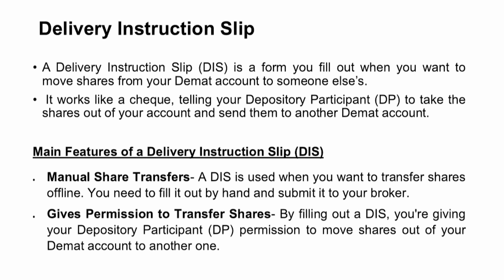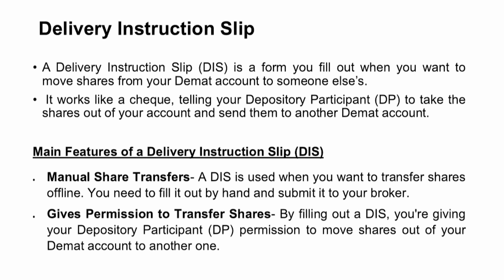Basically, a delivery instruction slip is a kind of form that an investor needs to fill for the purpose of moving their shares from one demat account to another. So, this basically works like a check, and it helps in telling your depository participant to take the shares out of your account and send them to another demat account.